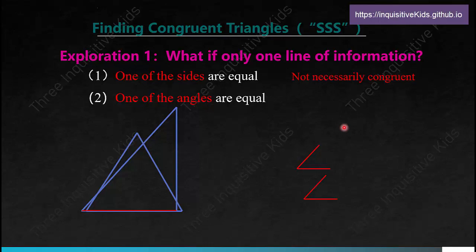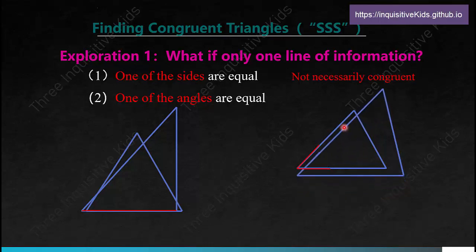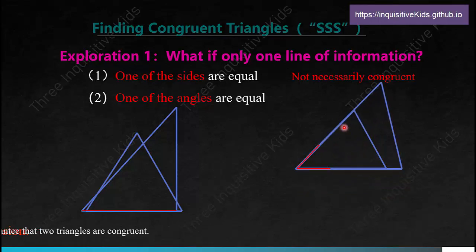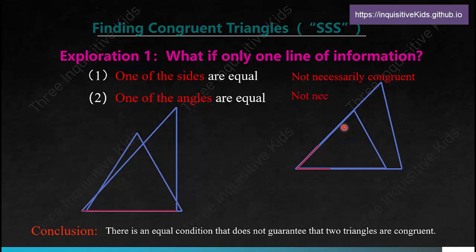So over here we see that there are 2 triangles, and one of their angles are equal, but they're not congruent. So the answer to this is also not necessarily congruent. Of course, can they be congruent at times? Yes, but not guaranteed. Conclusion. One equal condition does not guarantee that 2 triangles are congruent.